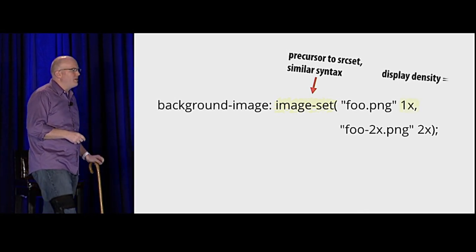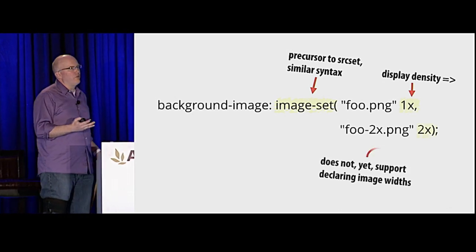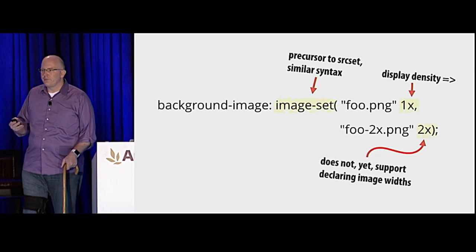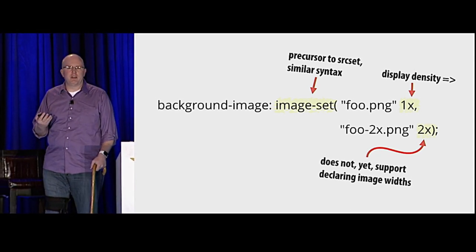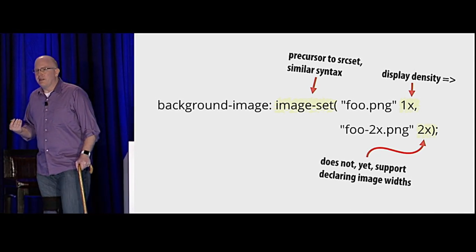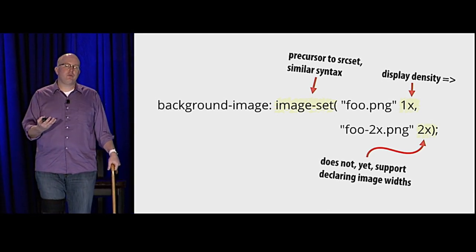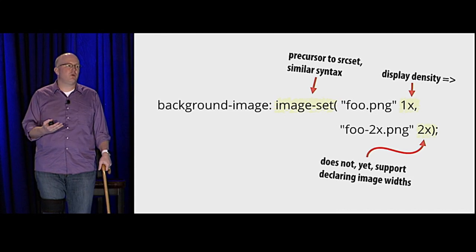Unfortunately, because the image element had no good solutions for it, and in CSS we at least had media queries, there hadn't been a lot of emphasis on image-set. So it doesn't support width descriptors right now. The plan is for image-set to get feature parity with srcset, but there's more work to be done before that happens.